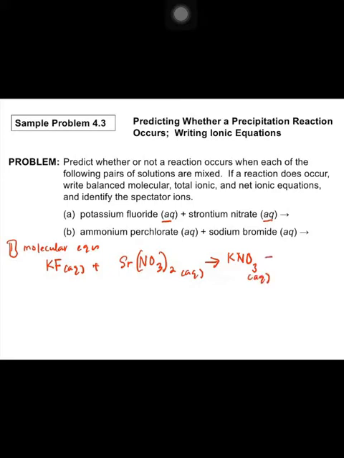Okay, and then the other product will be strontium fluoride. What is our formula of strontium fluoride in this case? SrF2. Okay, and then what is the solubility of SrF2? Solid.